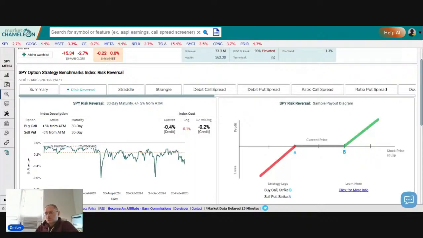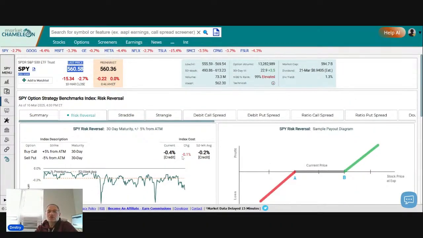So what this negative 0.4% means is that for like $1,000 worth of notional in stock, you get a credit of $40, right? Wait, did I do that? Or $4, right? That would be the credit that you would receive. Okay.